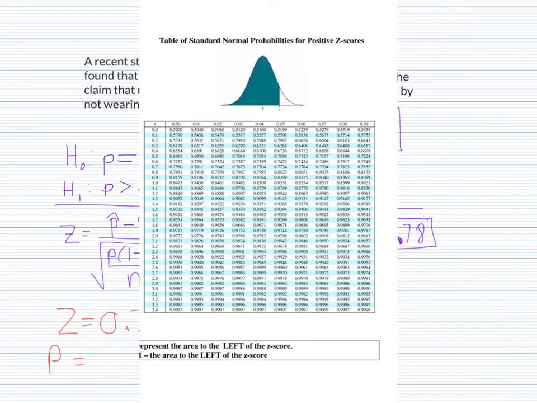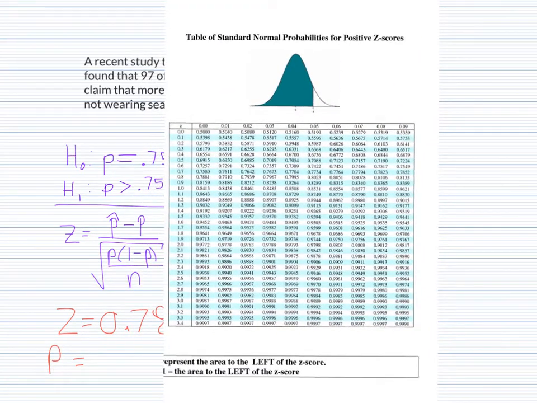All right, in our chart, we have to find 0.7 and then 8. So we have 0.7. If I can draw a straight line, that would be great. 8. So right here where they meet is 0.7823.